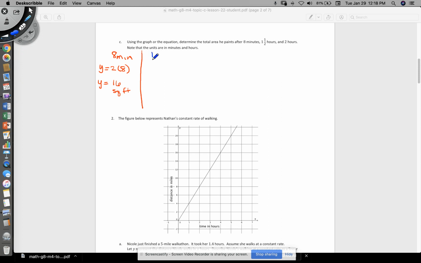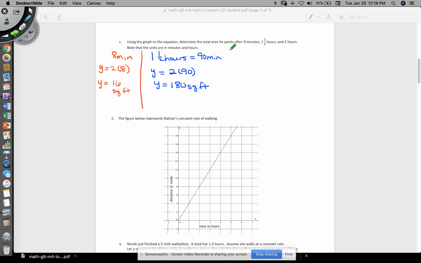All right, this is going to be for the 1.5 hours. And how many minutes are in 1.5? 90 minutes. So again, you want to convert everything into minutes since your equation is using minutes. So we're going to have Y equals 2 times 90, which gives you Y equals 180 square feet.